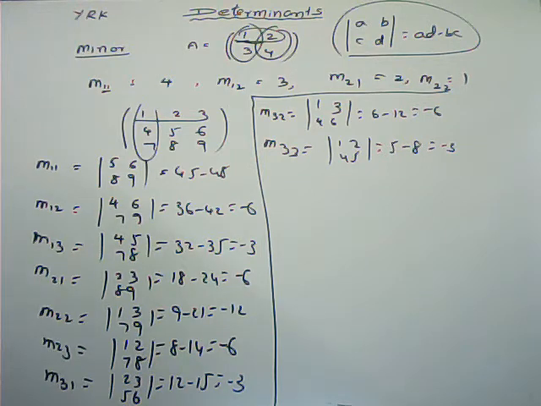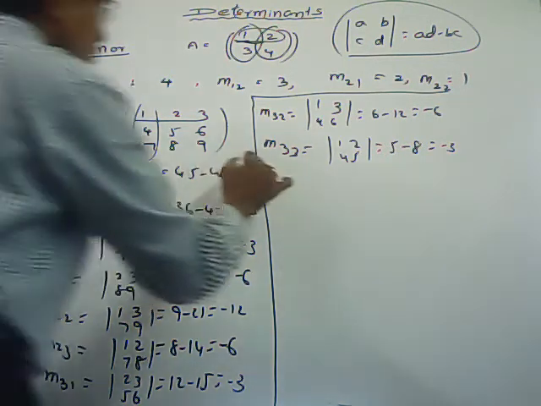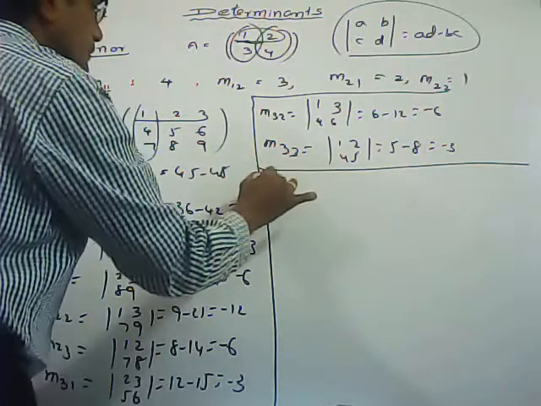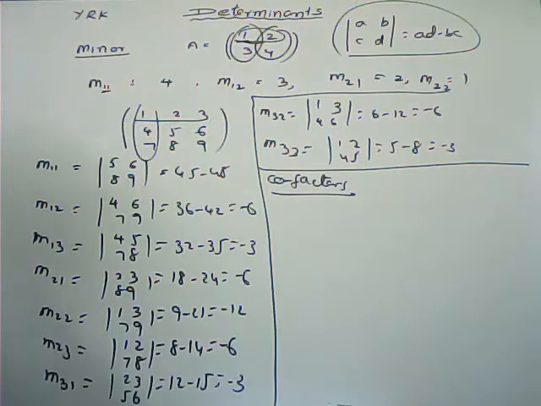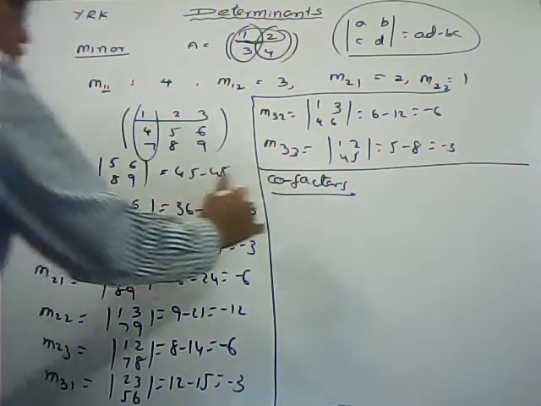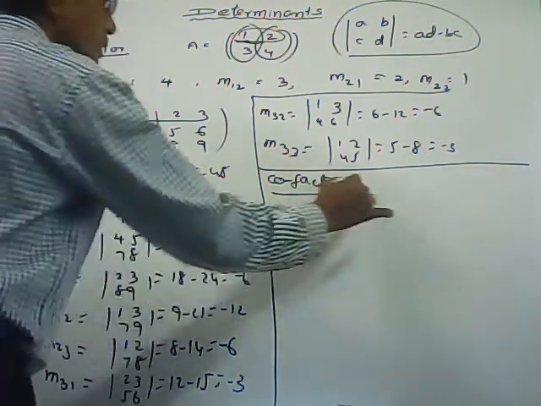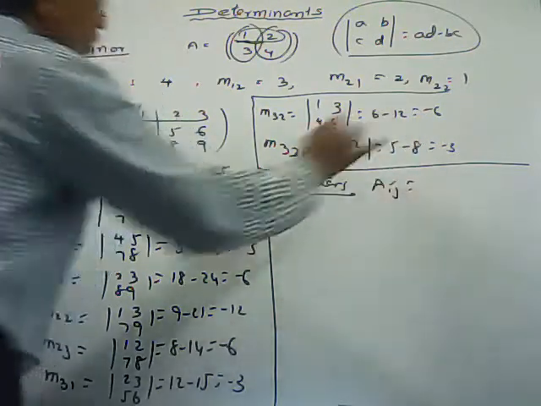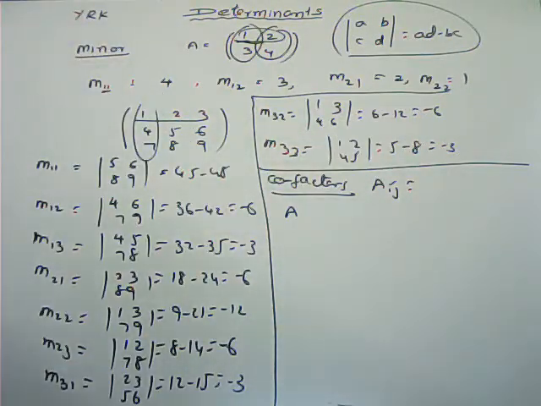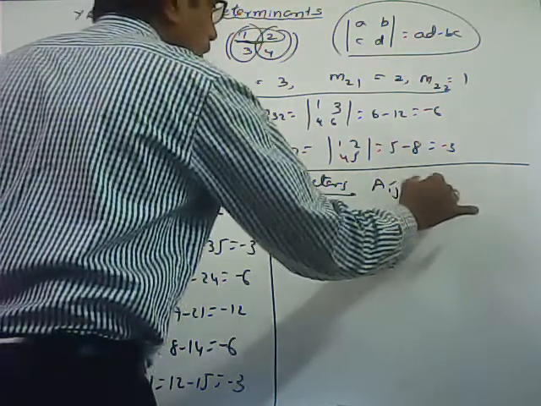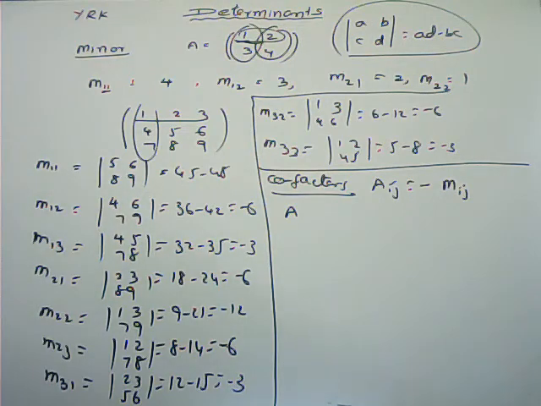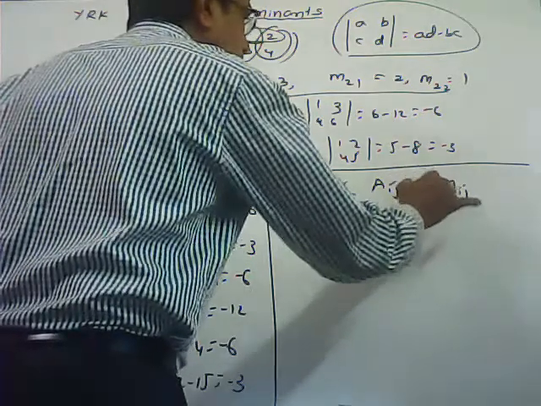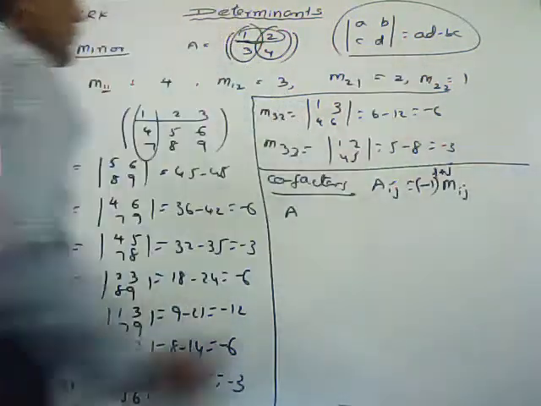Now how to find the cofactors? For example, the cofactor we can represent with capital A. Capital Aij, the cofactor of the ith row jth column element, is equal to the minor Mij multiplied by minus 1 whole power i plus j.